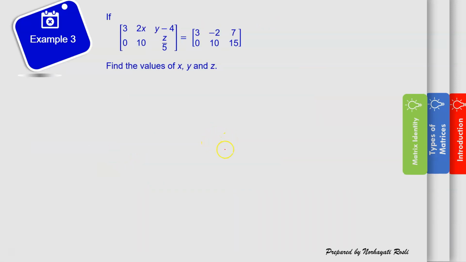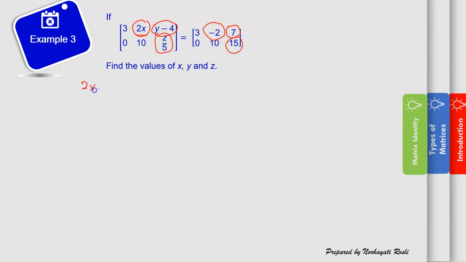The question asks us to find the values of x, y, and z if we have this kind of matrix. So now these matrices are equal. How to compute the values of x, y, and z? We make the elements equal. This 2x should be equal to -2. This y minus 4 should be equal to 7. And this z over 5 should be equal to 15.